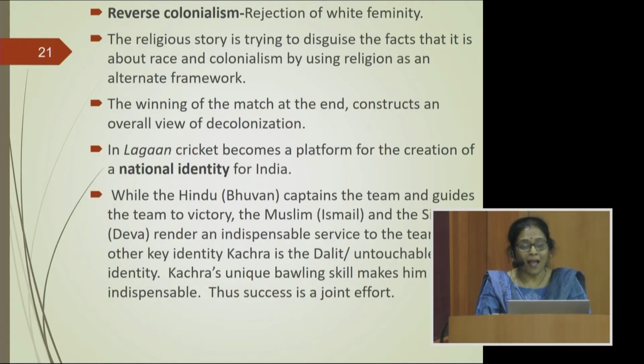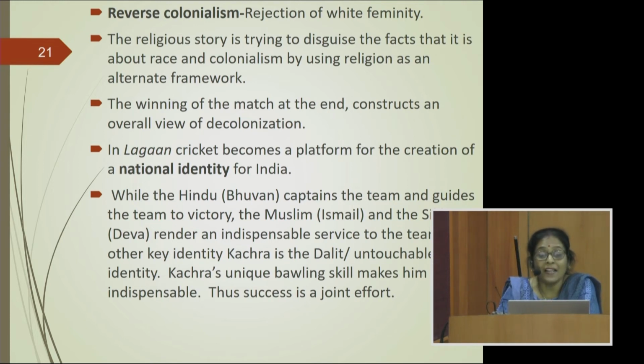You have Bhuvan, who is a Hindu. And then you have Ismail, who is a Muslim. You have Deva, who is a Sikh. And these were actually the major religions that we used to find in India in those times. And we find that the team consists of all of these elements.